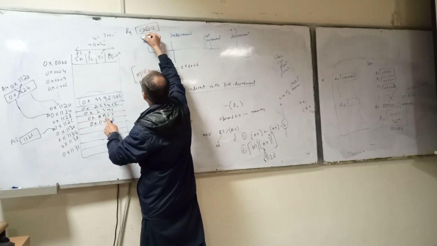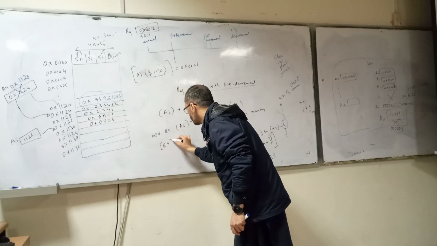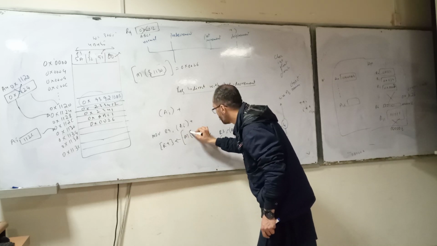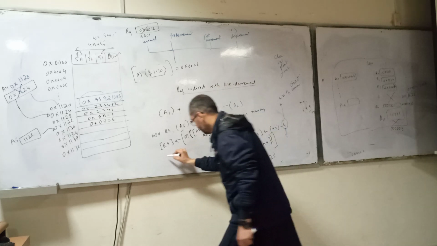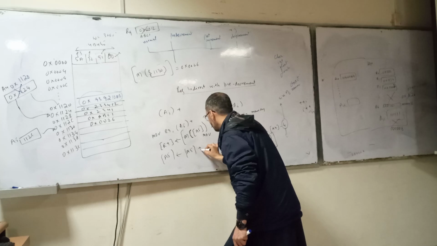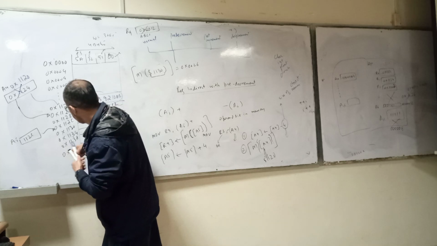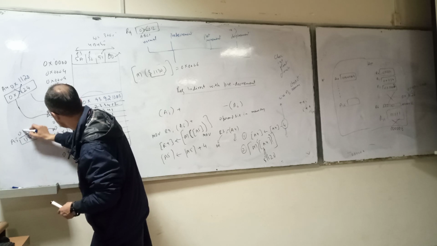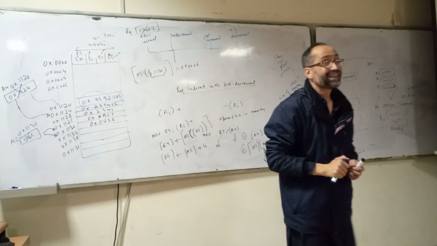What will be the new contents? R9 will be updated with the contents of memory at the address in register A5, and after that the contents of A5 will be changed. What will be the new contents? A5 plus 1. The new contents will be 0x1130. So actually it will be pointing to the next location.